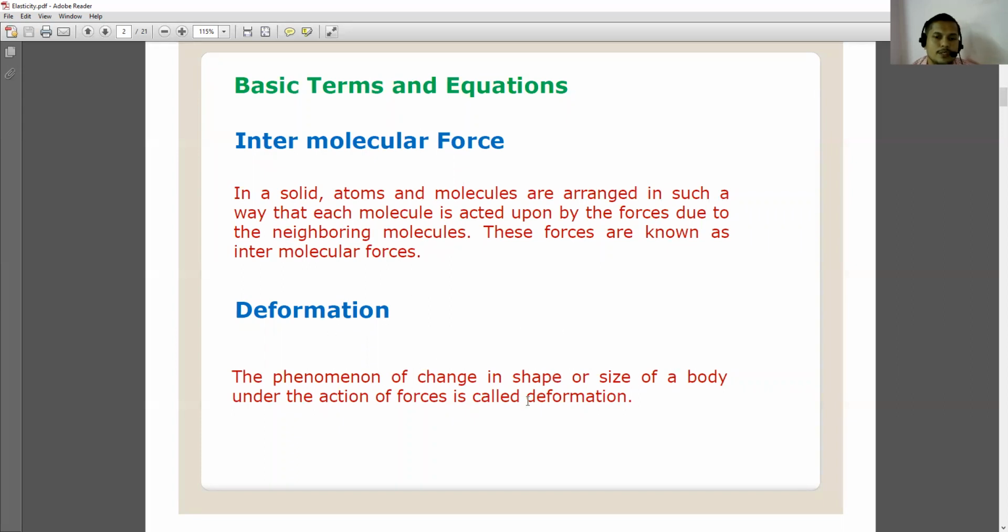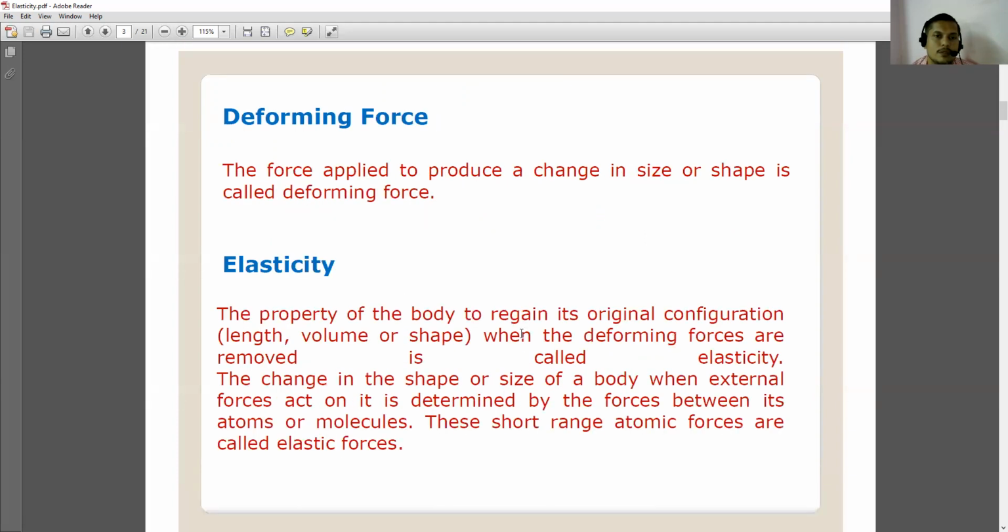Deformation, that is change in shape and size of the body under the action of forces, is called deformation. That particular force is called deforming force. Then next, elasticity. Elasticity is a property of a body to regain its original shape and size.